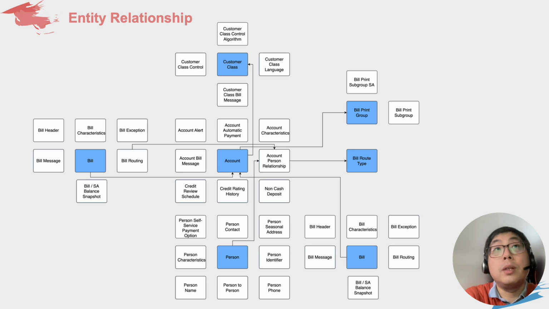This is quite an important object to look at because it specifies who should receive a bill and how they should receive it. The same object links to bill route type, which defines the route method, extract algorithm, etc. So this is a very key table in the middle.